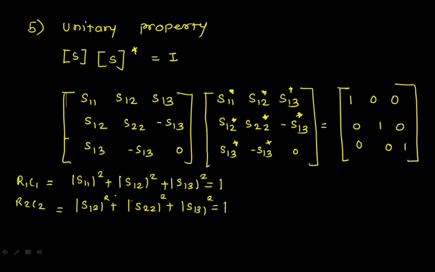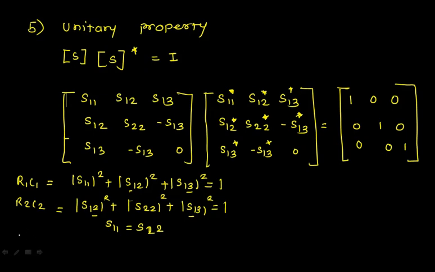If you compare these, you will see S13 is common here, S12 is common here. So from this I can conclude S11 is equal to S22, because all the components are S12 square, S13 square, and the remaining is this one. So comparing these two equations, I get S11 is equal to S22.